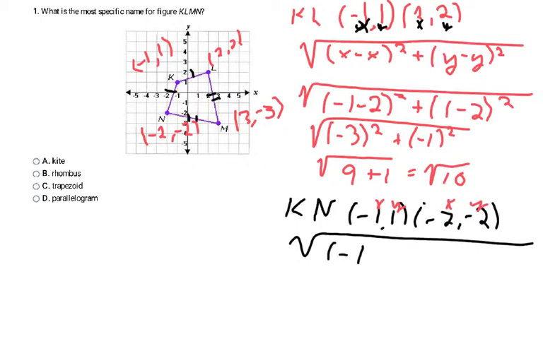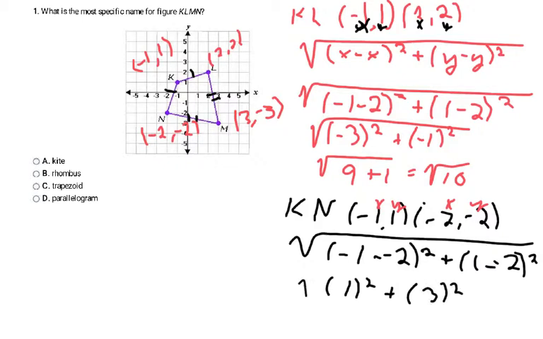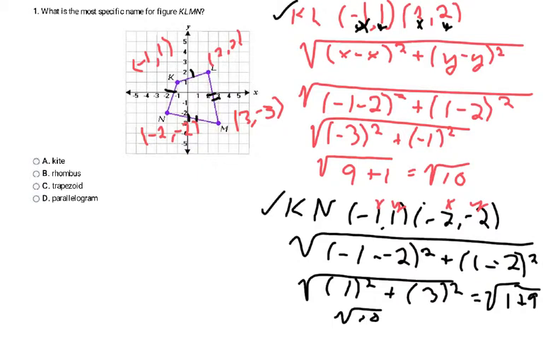So I have -1 minus a -2, those are my x values, plus 1 minus a -2, and those are my y values. When I do that subtraction, that's going to be 1 squared plus 3 squared, which equals the square root of 1 plus 9, which equals the square root of 10. So those two check out. They are, in fact, the same. They're both the square root of 10.